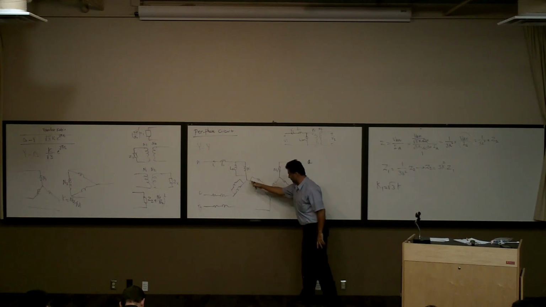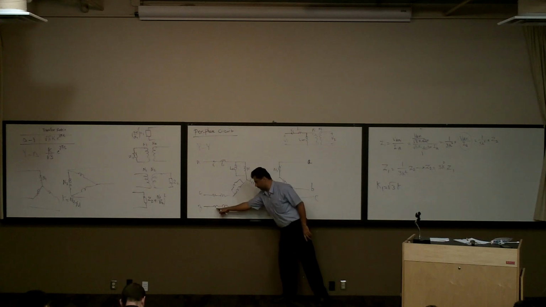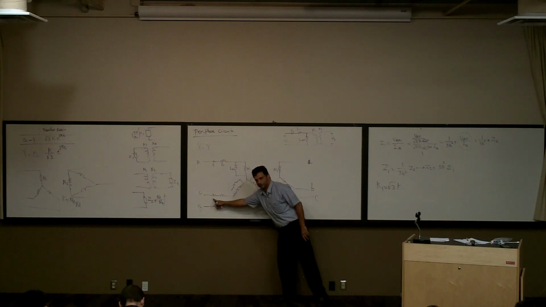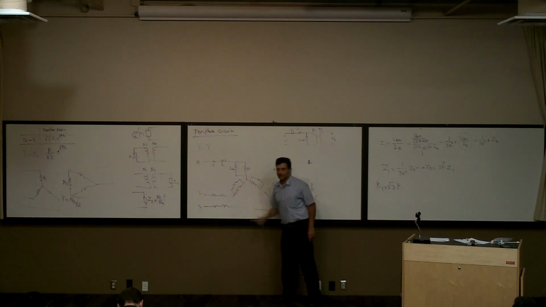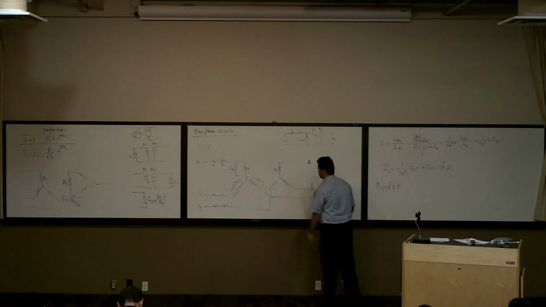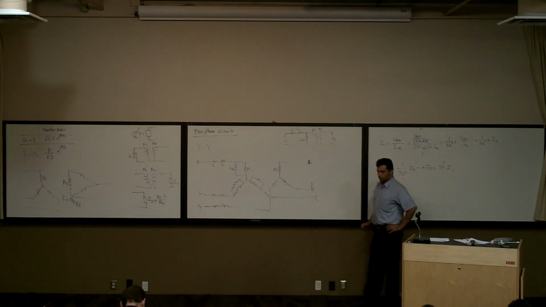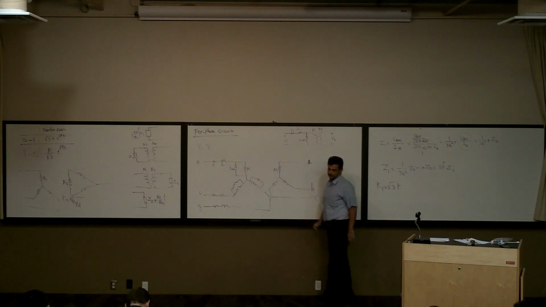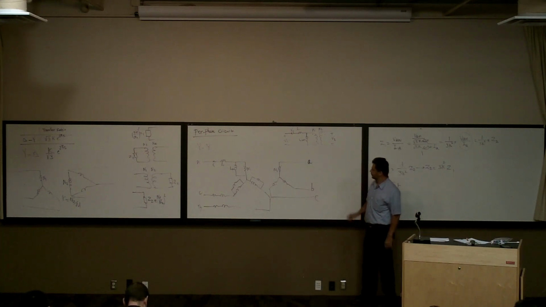This is phase B. See, this is the resistance of the wire, and this is the leakage inductance for phase B. Resistance of the wire for phase C and the leakage inductance for phase C. These are the magnetization impedance for phase B and phase C, right? So we have this system. Instead of solving everything together, I'm going to come up with a single phase equivalent circuit of this system.